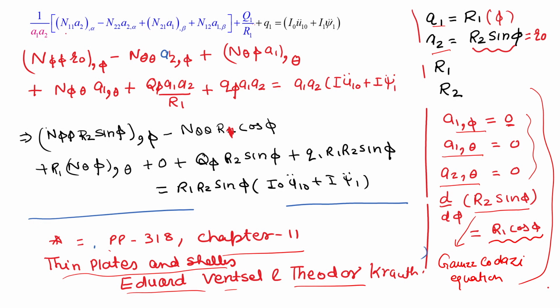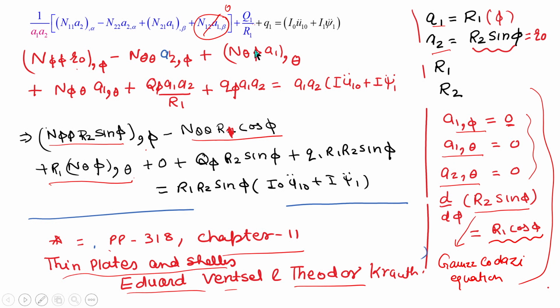So, we can say n phi phi r naught, a2, for a simplified one we can say r naught, or you can write r2 sin phi comma phi. Then a2 comma alpha, alpha means phi. So, it will be n theta theta r1 cos phi. Then n21 a1, then n phi theta comma theta plus 0 plus, okay, this will not contribute, this will be 0, a1 comma beta.